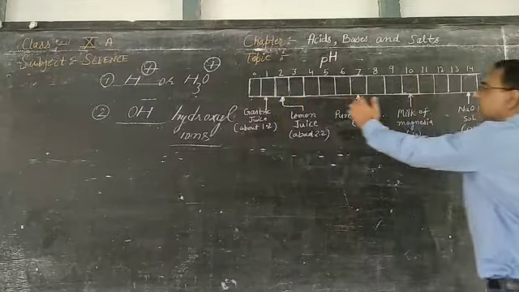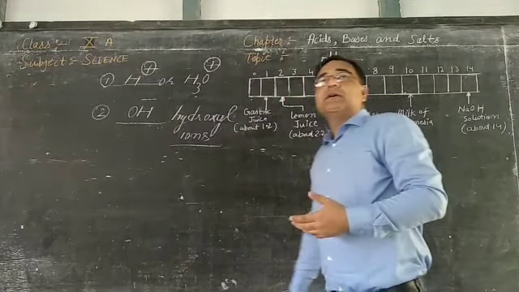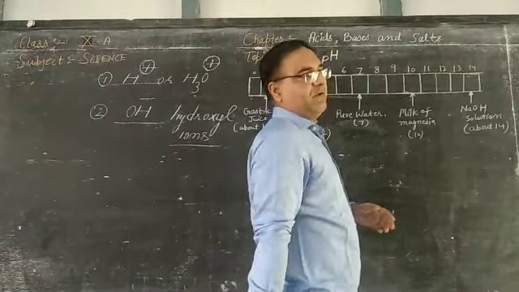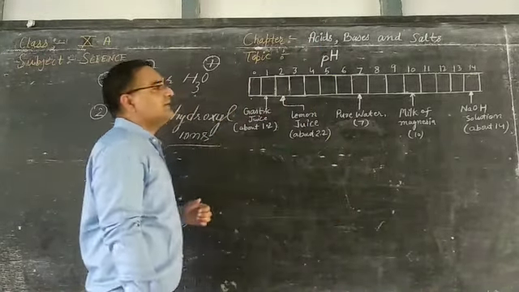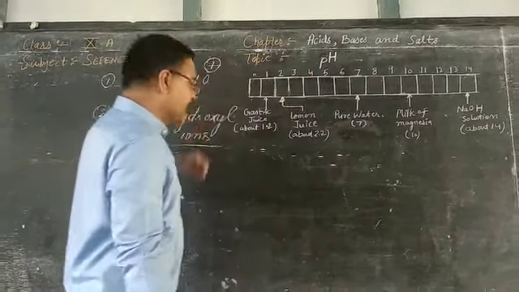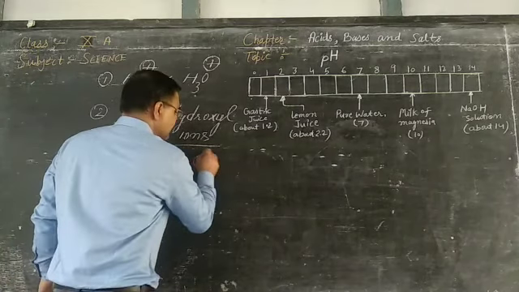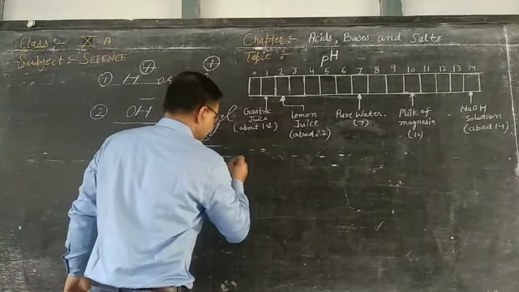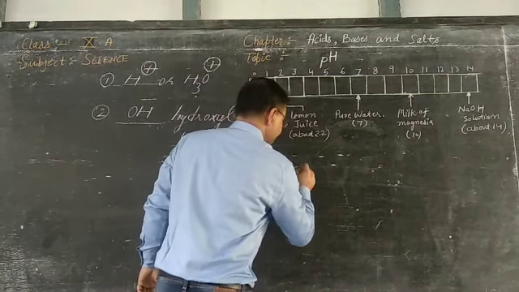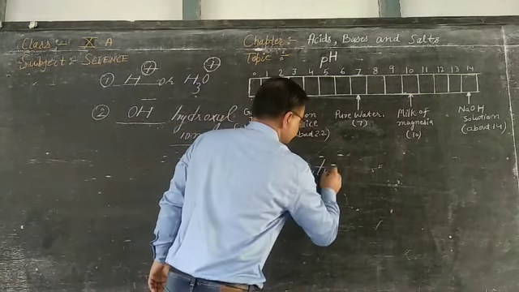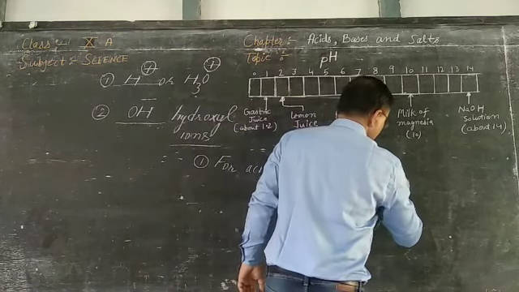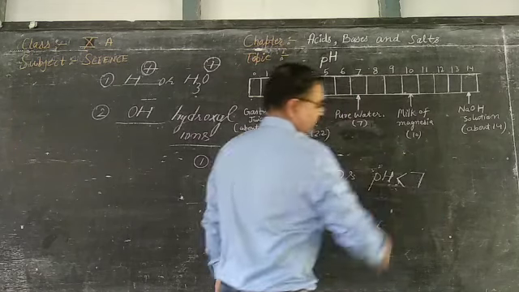With the help of this pH scale, we can measure the acidic strength or basic strength of the solution. For example, if the solution is acidic in nature, its pH value is less than 7. For acidic solutions, pH value is less than 7.